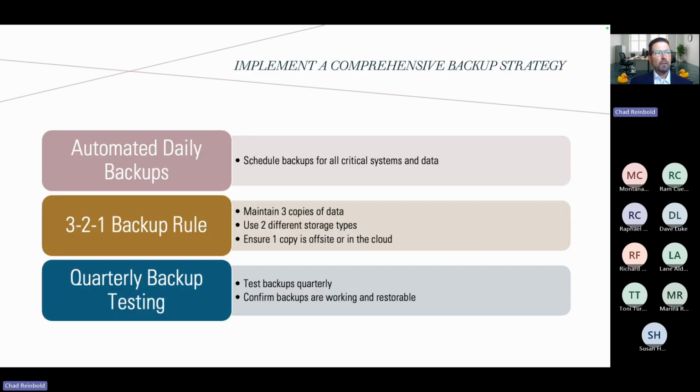The next thing that we want to do is implement a comprehensive backup strategy. Now, this backup strategy is going to be more than just your computers, but obviously your computers and your IT is the biggest part of what we're going to be talking about today. So in thinking about your backup strategy, you need to have automated daily backups of all of your critical systems.